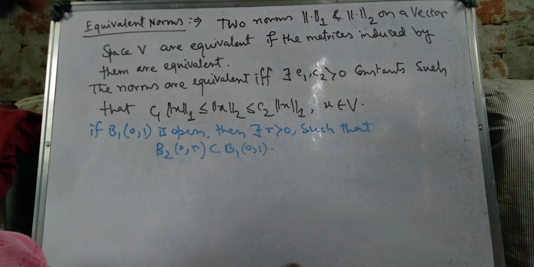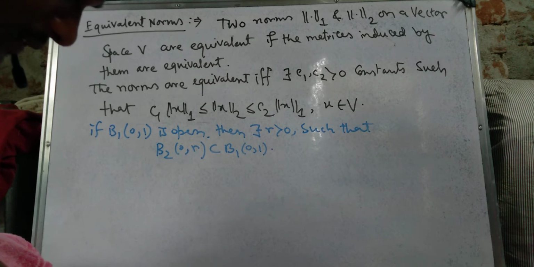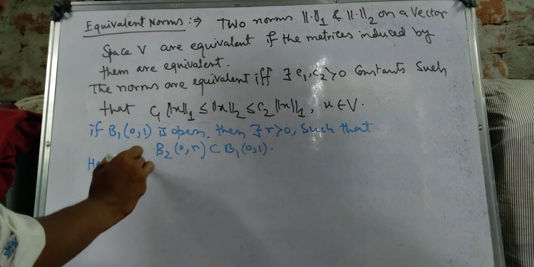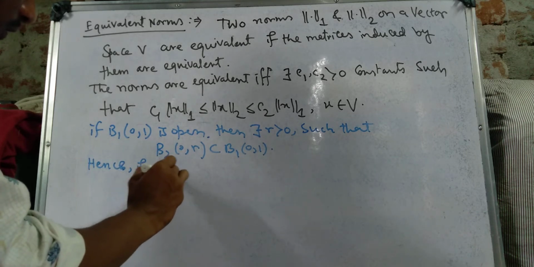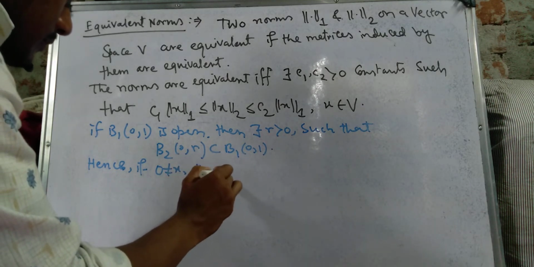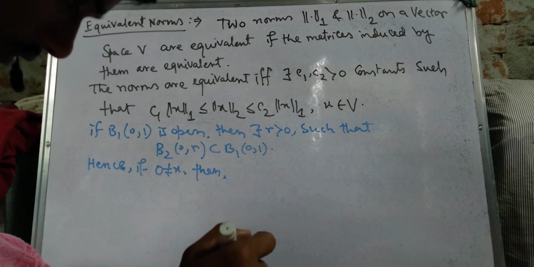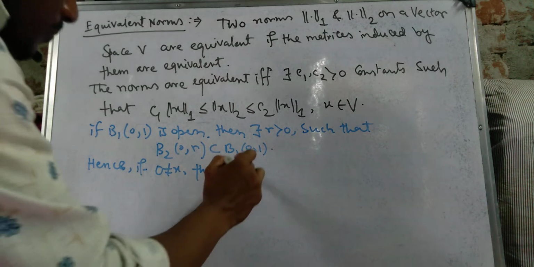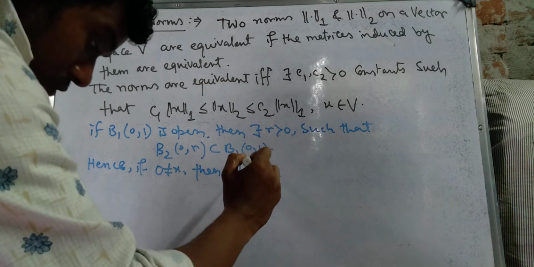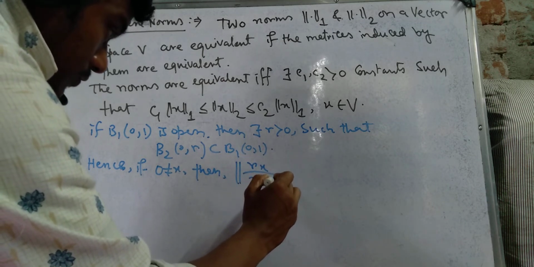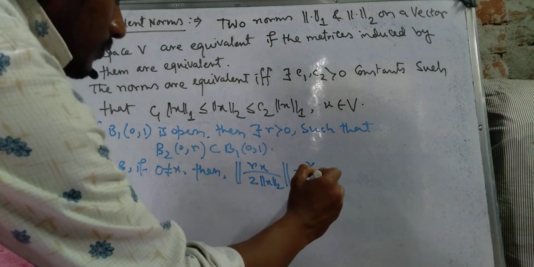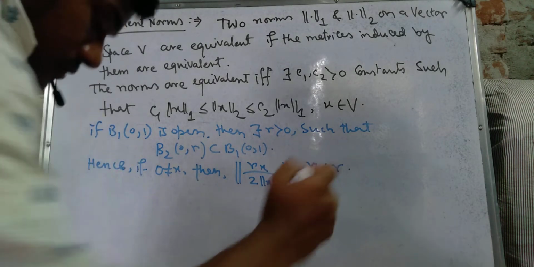And if x is not equal to 0, then the norm of Rx by 2 norm x2 is equal to R by 2, which is less than R.